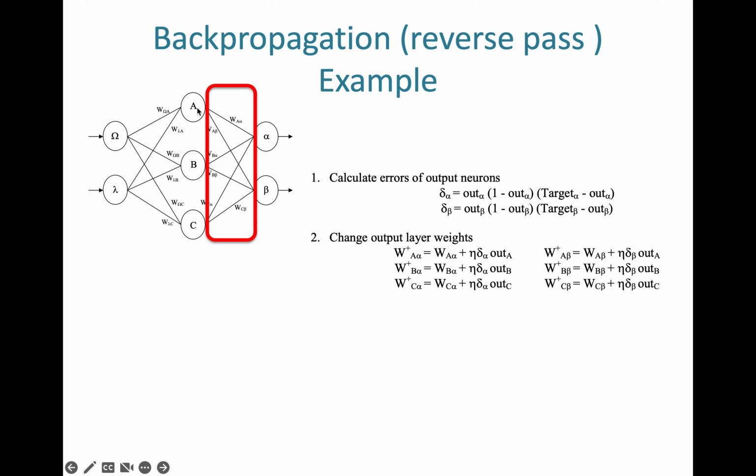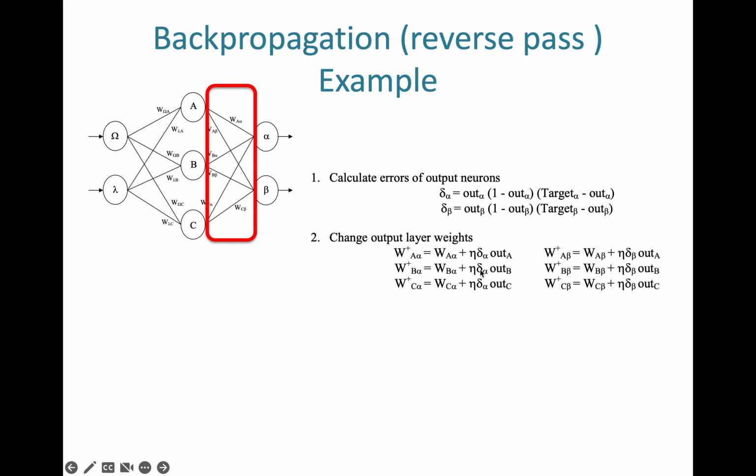When we were doing the feed-forward process, neuron A had a value that was passed on to alpha and because of that generated an error, delta alpha. So we are using that error delta alpha together with the output of that neuron to update that weight.